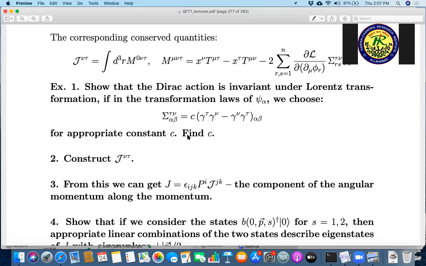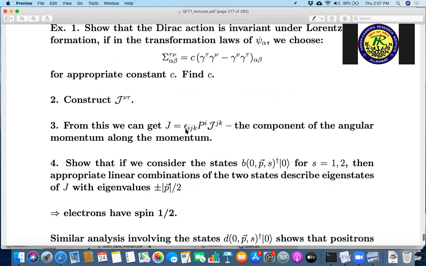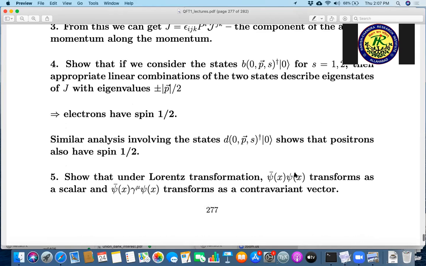Because the Dirac action involves m psi bar psi, which better be invariant. That will happen if psi bar psi transforms as a scalar. And it also involves psi bar gamma mu times del/del x mu of psi. And that is invariant if this transforms as a vector. So these you can also check independently.